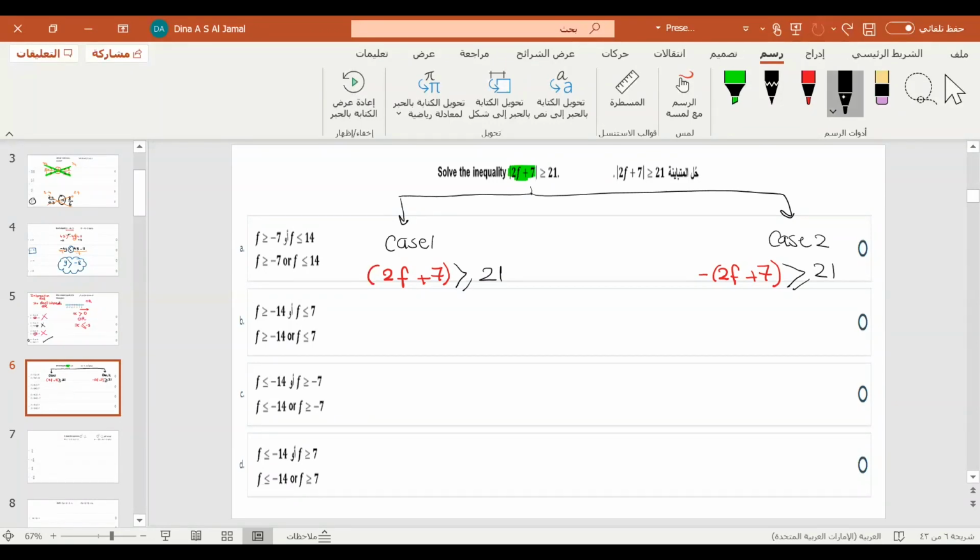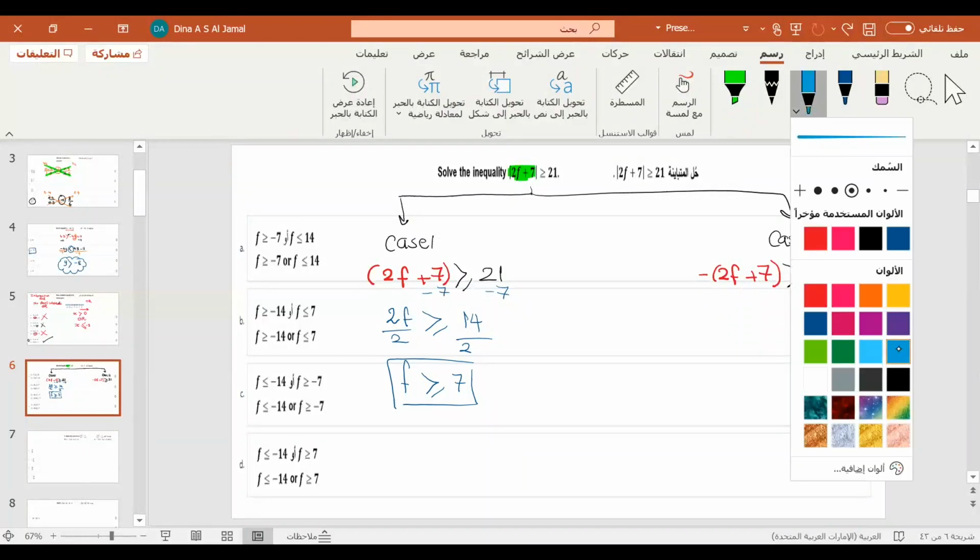Good. So now if I would like to solve this inequality, it's easy. Minus 7, minus 7, bigger than or equal 14, divide by 2, divide by 2, your f is bigger than or equal 7. But here, I'm having a negative sign outside.